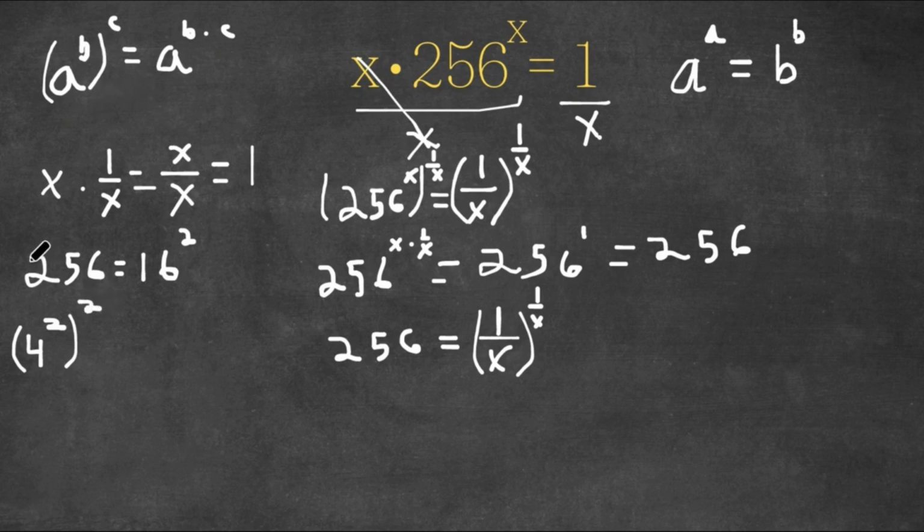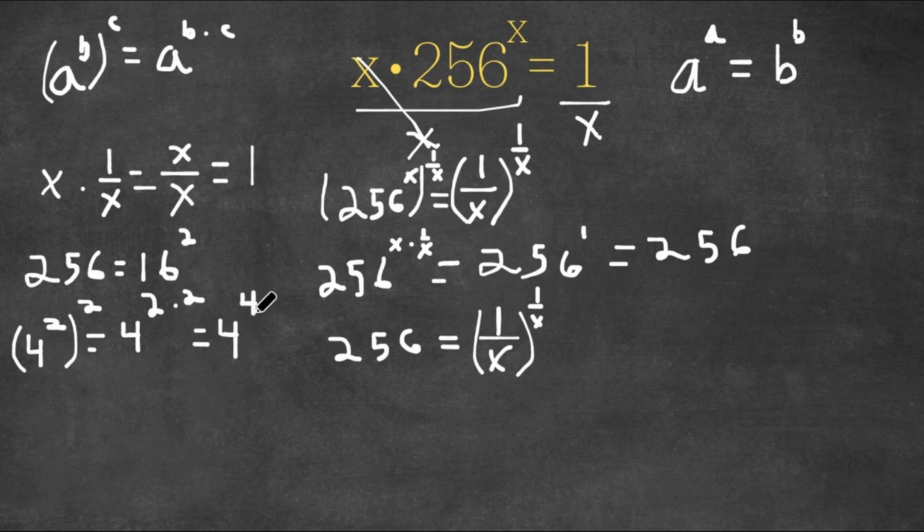Now remember this property, if we have a to the power of b to the power of c, this is equal to a to the power of b times c. Well, 4 to the power of 2 to the power of 2 would equal 4 to the power of 2 times 2. And 2 times 2 is 4, so this would be 4 to the power of 4.